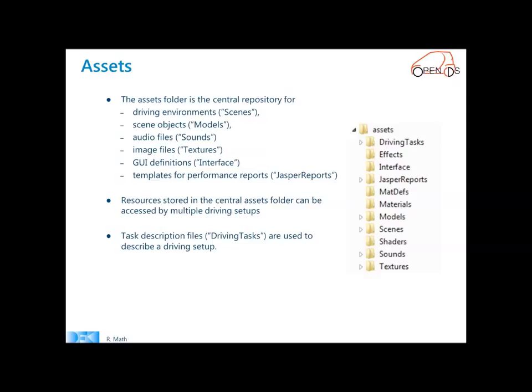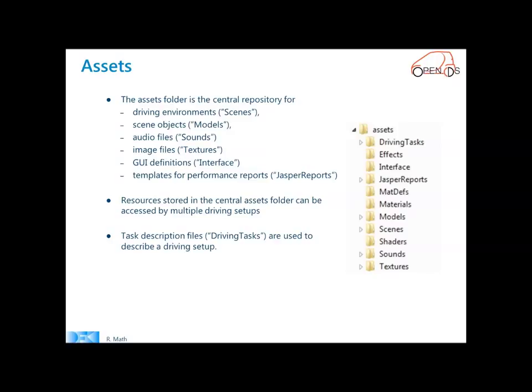Okay, now let's have a closer look at the assets folder, which we just copied to the binaries. It has some interesting subfolders, where the schema of the names of the subfolders is partially given by the JMonkey engine.